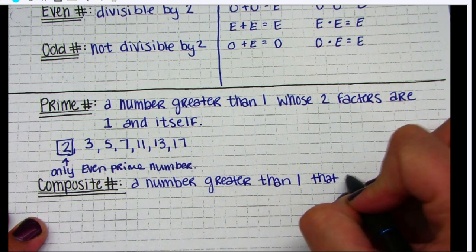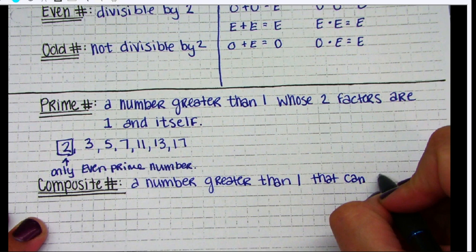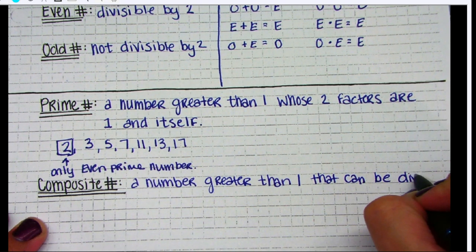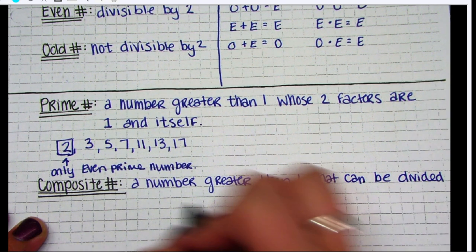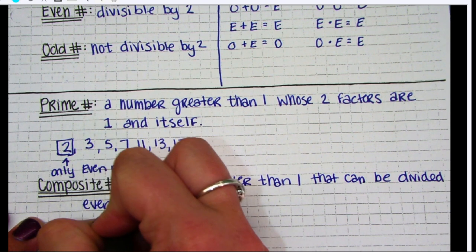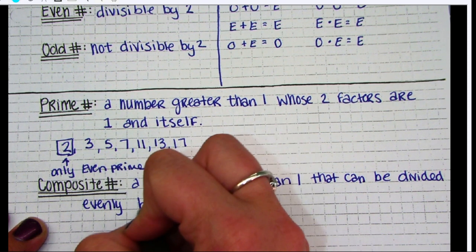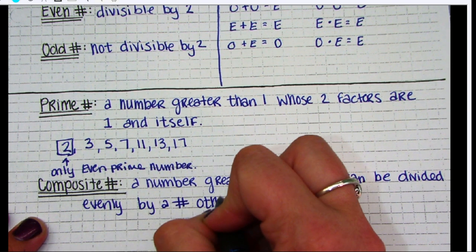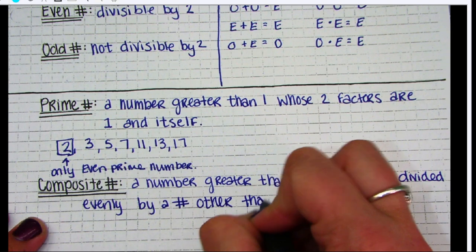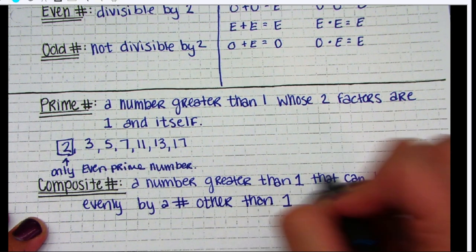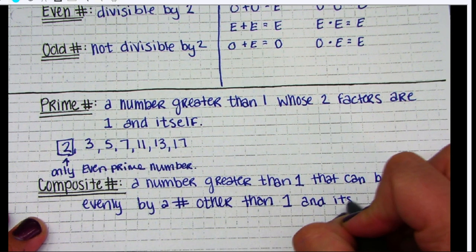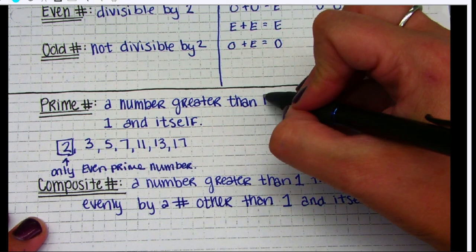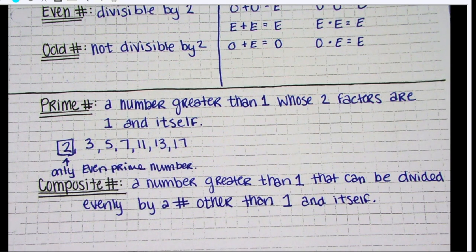That can be divided evenly by a number other than 1 and itself. So a composite number basically fills in the missing pieces of the prime numbers.